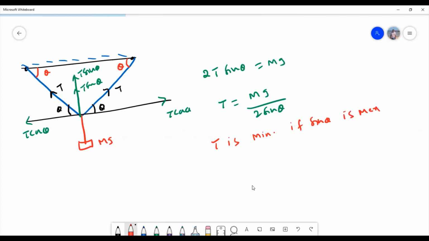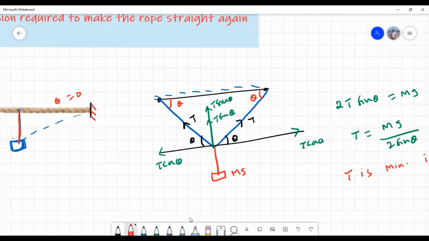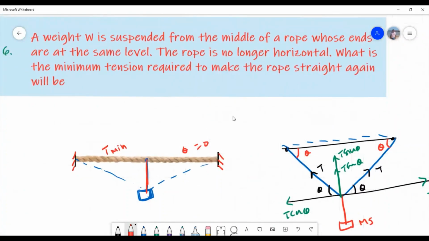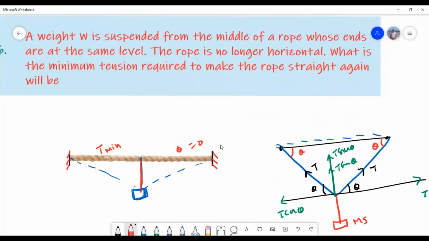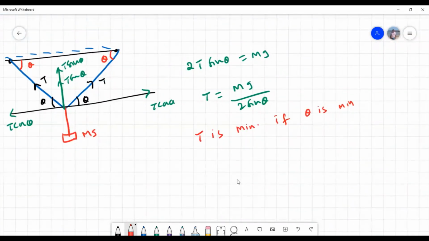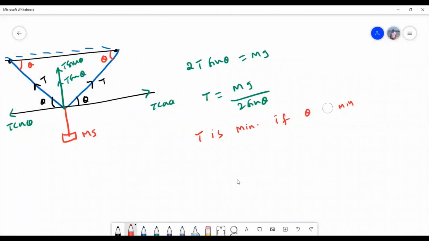No, T is minimum if theta, sorry, not sin. Why? Because here tension in the rope is asking for what value of theta. Tension is minimum if theta is equal to 0. Sorry, not minimum, 0. That is the only possibility.